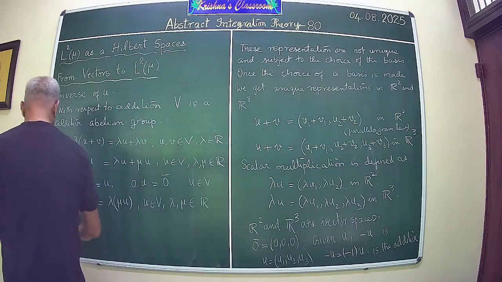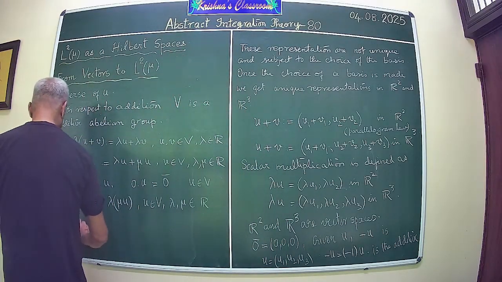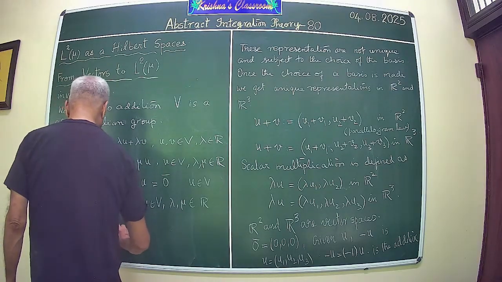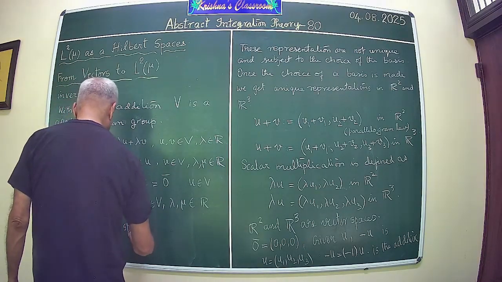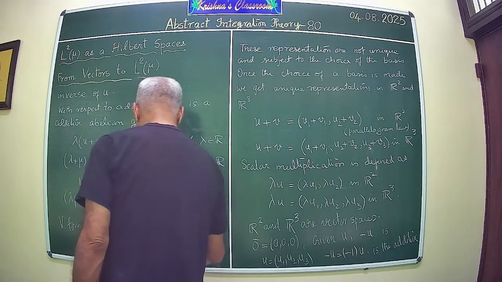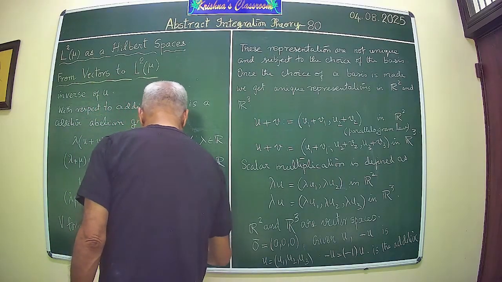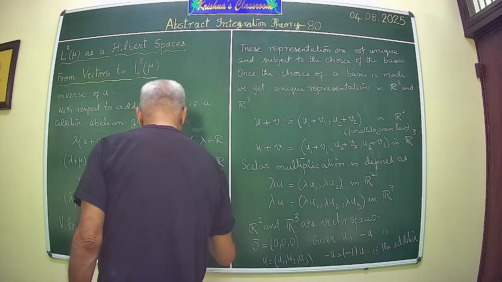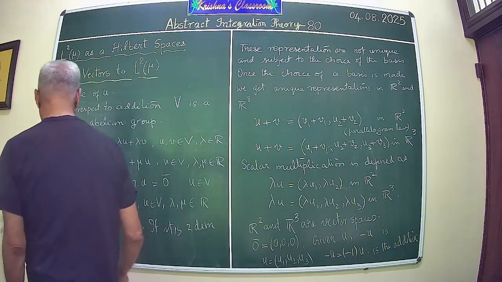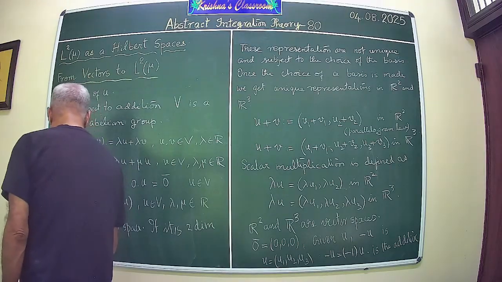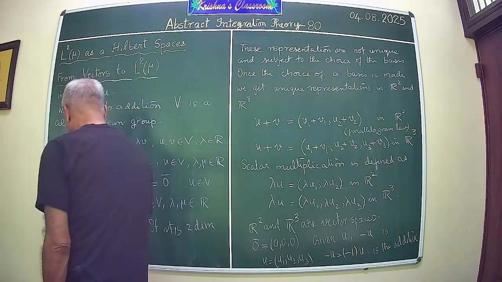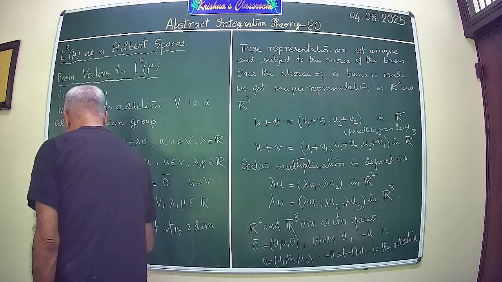Thus, if it is two-dimensional, then R2 is a manifestation of it.